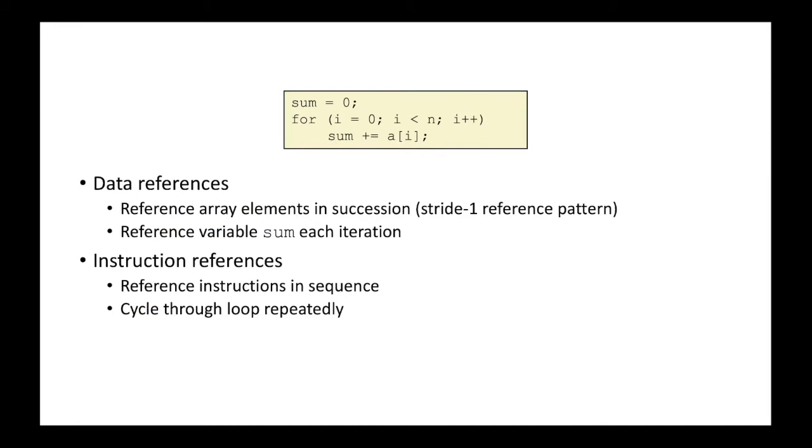Let's look at an example. We have a simple for loop that iterates over an array and adds up. In terms of data references, array elements are referenced in succession with the stride 1 reference pattern, which is exactly good spatial locality.